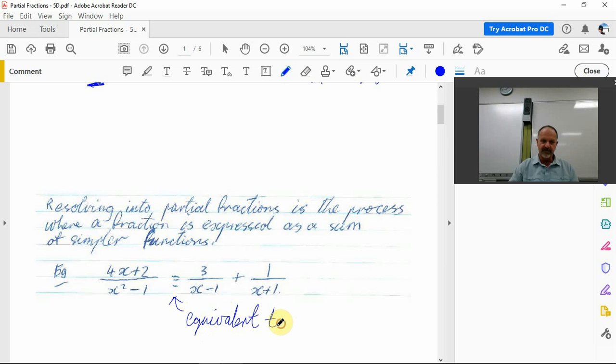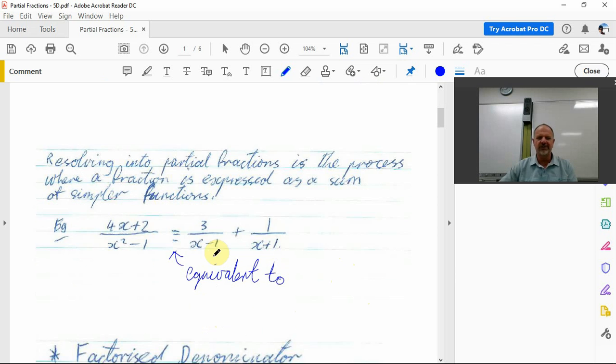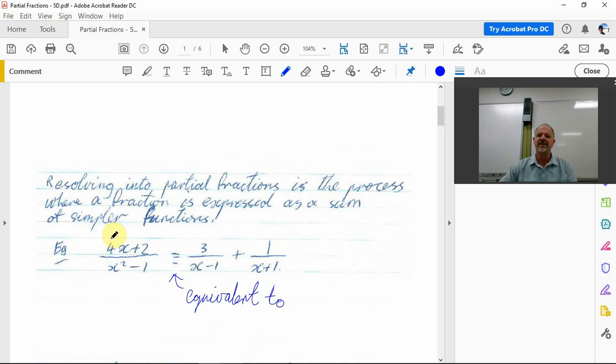It's a technical mathematical thing that we put there rather than equals, and it's because we're not doing a sum or an equation. So we don't use the equals. We say that this fraction is the same as, or equivalent to, the sum of these fractions.